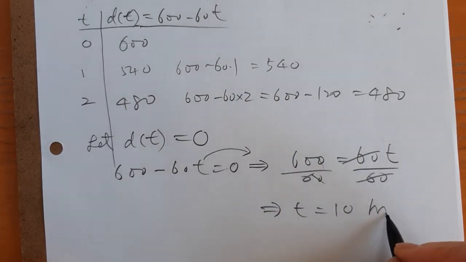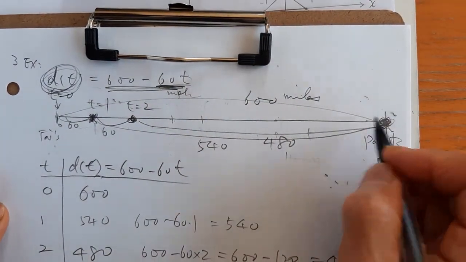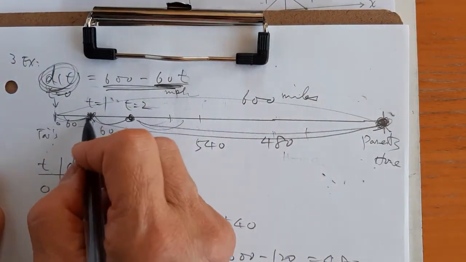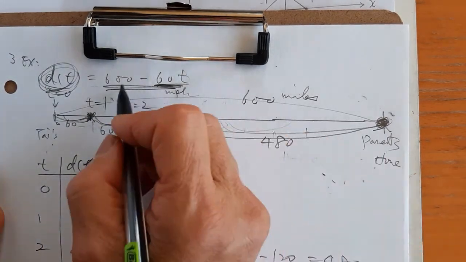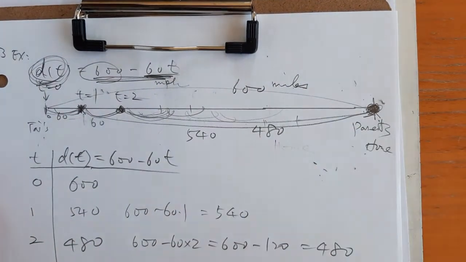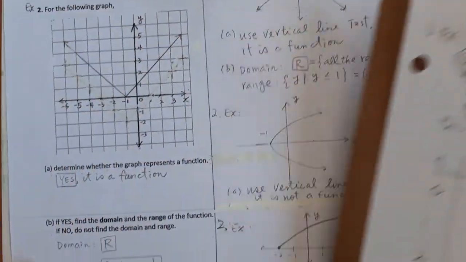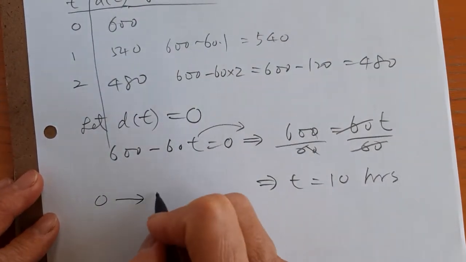So after 10 hours, Ty has traveled at 60 miles per hour for 10 hours, a total of 600 miles, and arrives at his parents' home. So hours t can be from 0 up to 10.